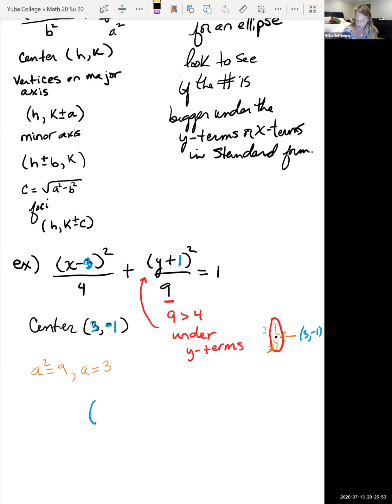My x value is going to stay the same, 3, and my y value is negative 1, and I'm going to go plus or minus my a value, which is 3. So I have 3, and negative 1 plus 3 is 2. And 3, and if I do negative 1 minus 3, I get negative 4.